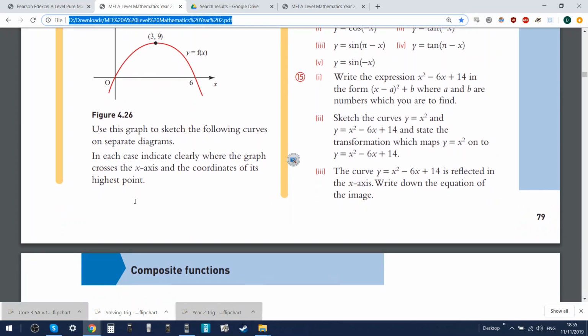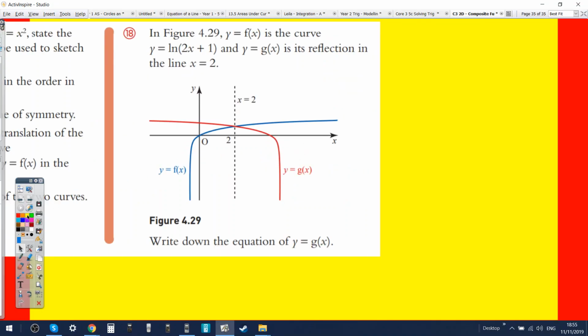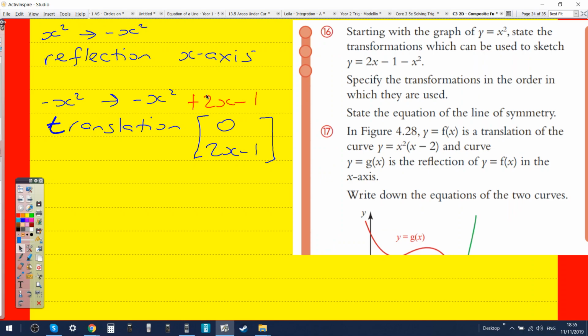Oh, I see. So the way to do it is we had to factorize it first. We had to put it into completed square form. So if we take out the minus, it becomes minus, x squared minus 2x plus 1. So what is that in completed square form?